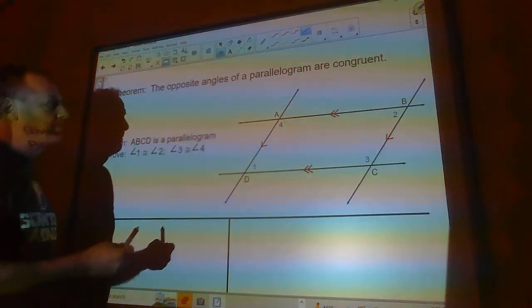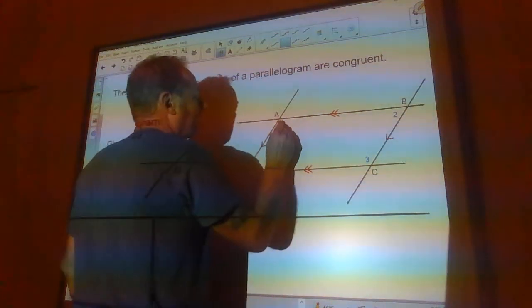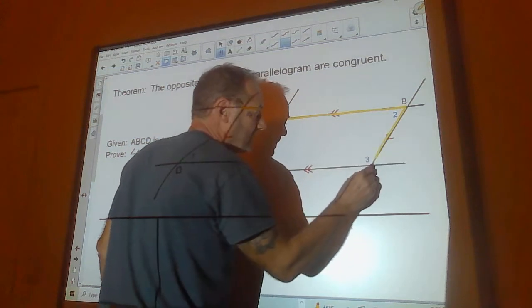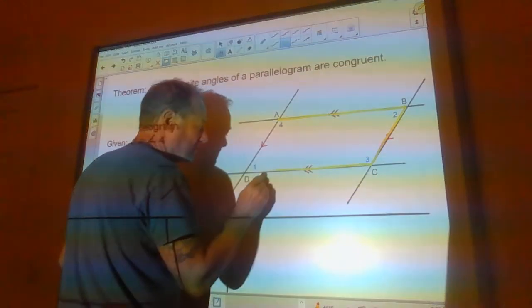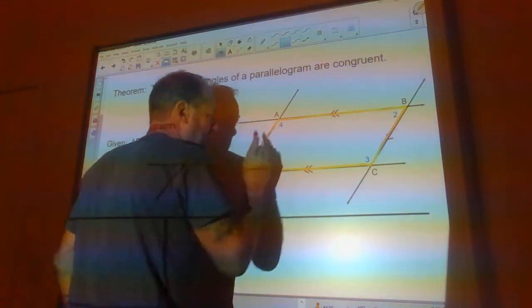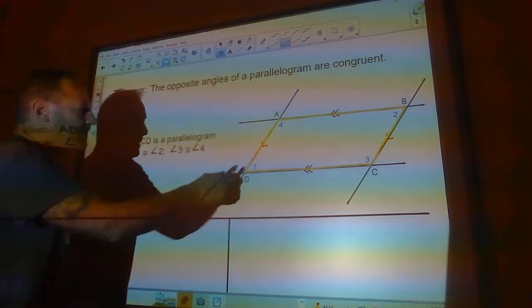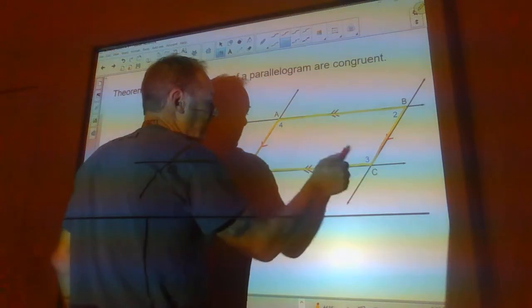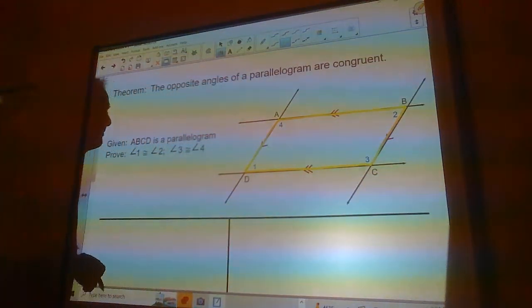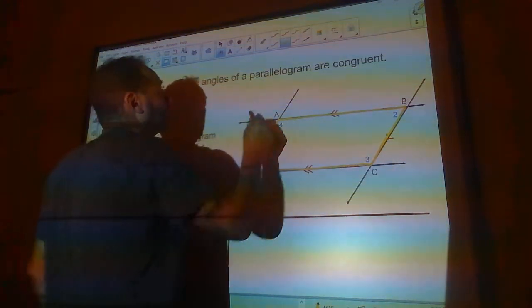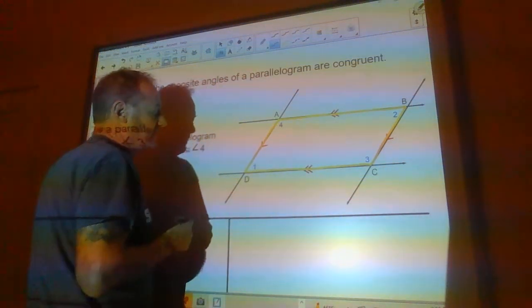So we've got a parallelogram right here, parallelogram ABCD, in yellow. I want to show that angle 1 is equal to angle 2 and that angle 3 is equal to angle 4. Here's what we can do: we can put some other angles on here.